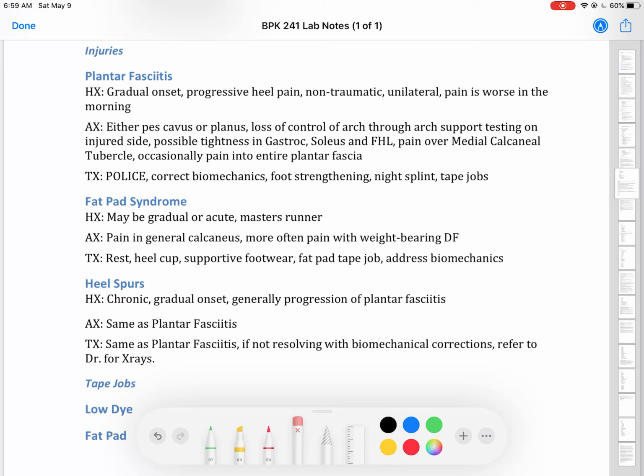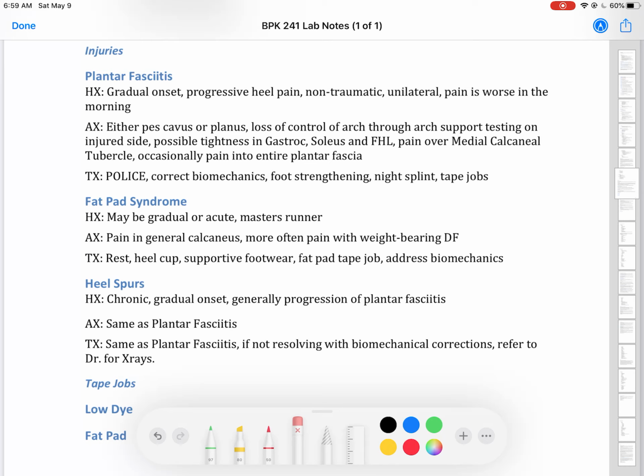Similarly with toe movements, the big toe extension may be slightly decreased on the painful side, so your flexor hallucis longus length test may be decreased slightly. And each of those things, gastroc soleus tightness, flexor hallucis longus tightness, can alter the way that we run, and that might put increased stress on the plantar fascia.